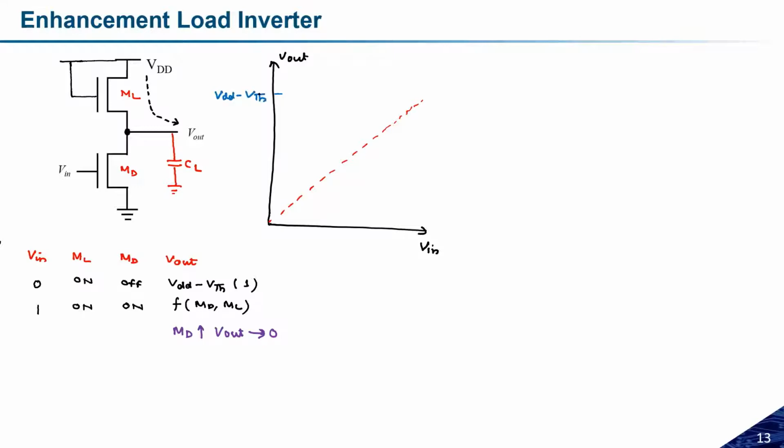And how will the behavior look? Initially, if the input is low, then the output will be VDD minus VTH, and if the input is 1, crossing some threshold voltage, then it will become somewhat lower. But the important thing is that it completely depends on the size of the transistors. Okay, so let me draw initially this diagram, something like this. This could be the diagram.